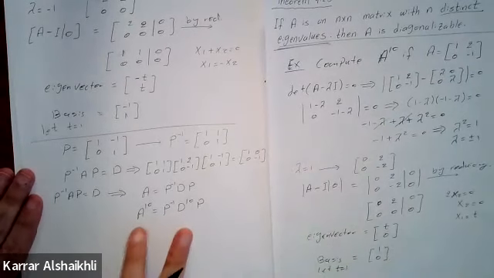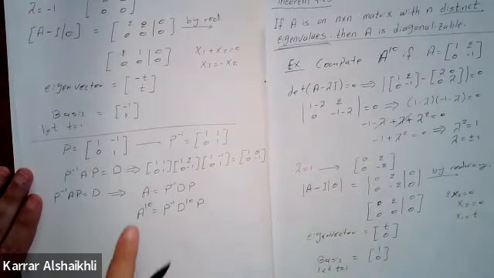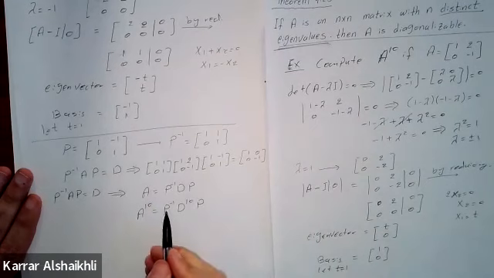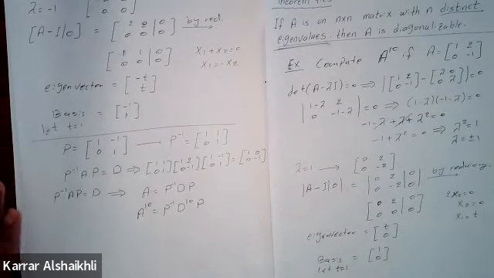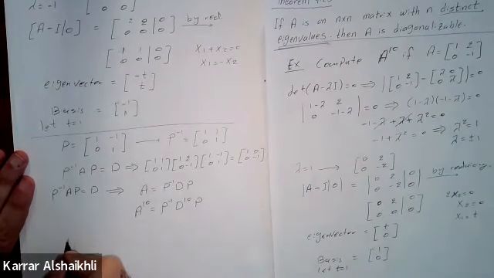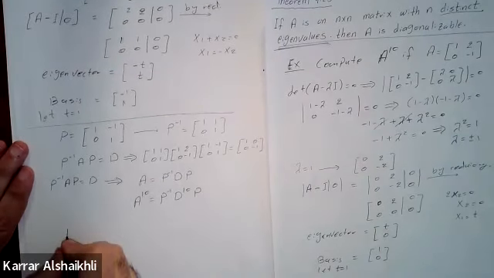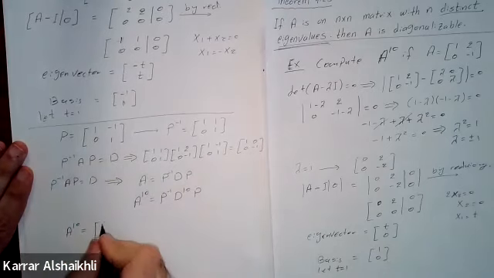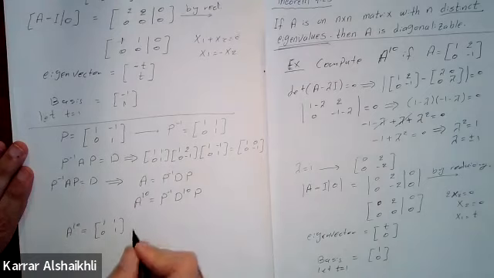Now you see, we can find A to the power 10, because we have the inverse and we have P. The only thing we're going to do: A to the power 10 is going to be P inverse, 1, 1, 0, 1, times D to the power 10. That's the important thing.